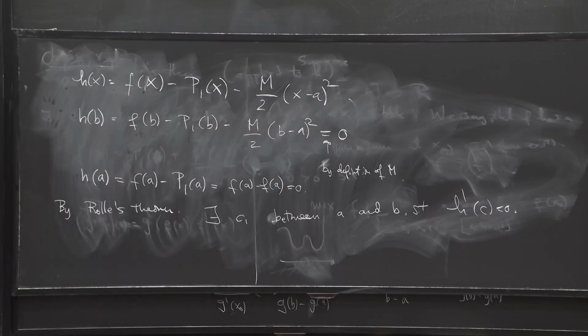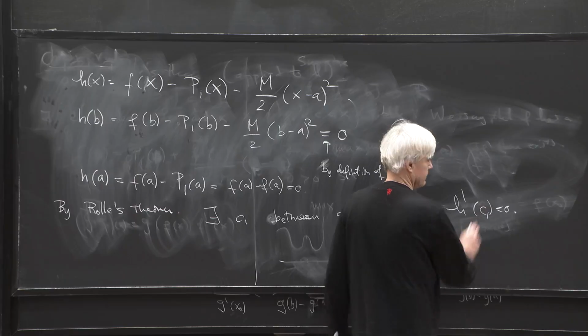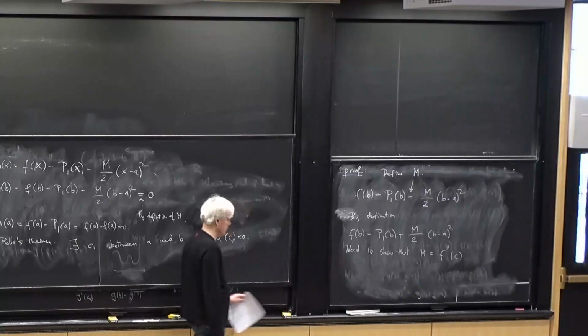Okay? Now, sorry, this is the C1, right? It's not the C we're looking for, right? The C we're looking for is something where the second derivative is something, right?